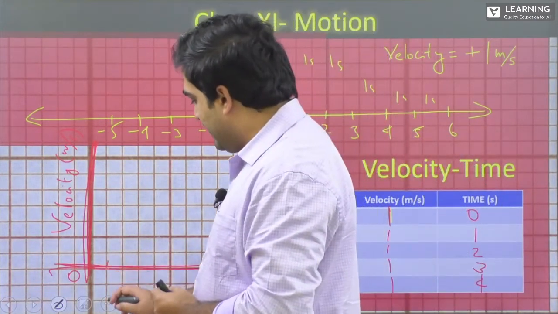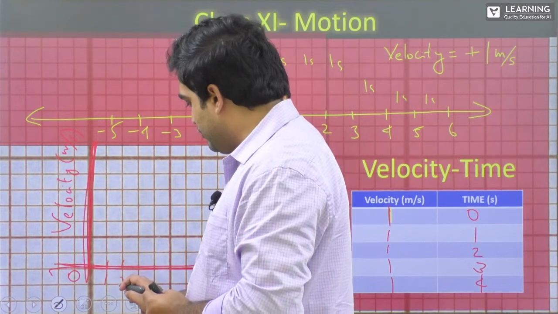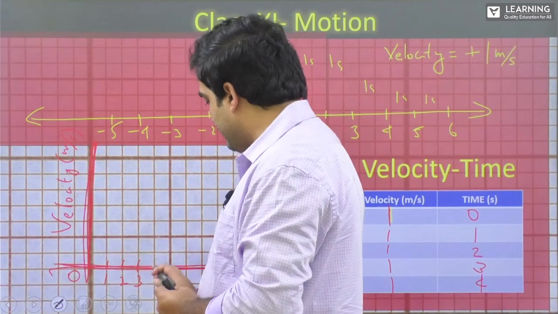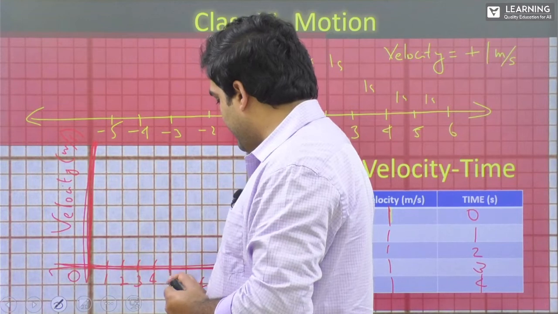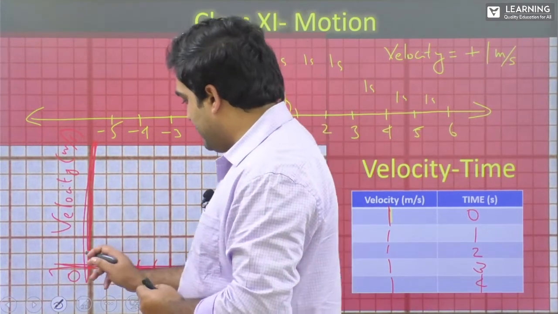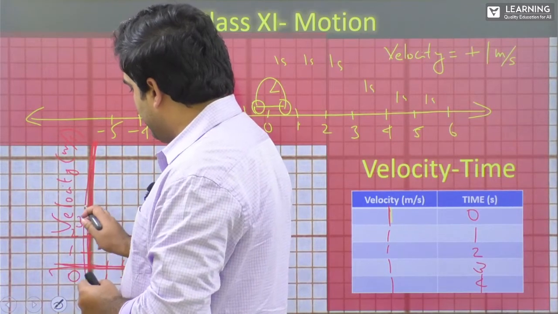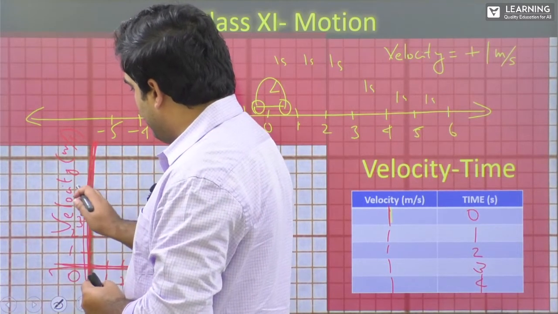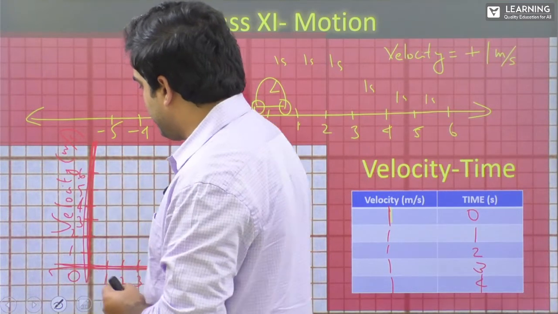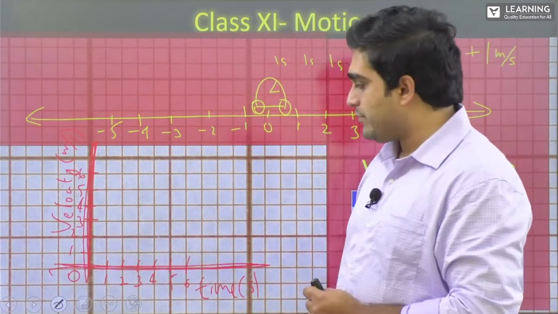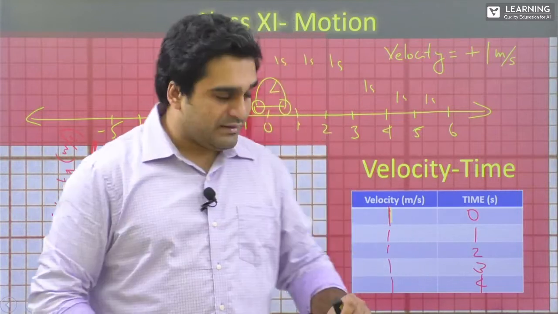Now, let's fill in the other digits. 1, 2, 3, 4, 5, 6. And then 1, 2, 3, 4, 5, and 6. Right? Now, let's have a look at the data.